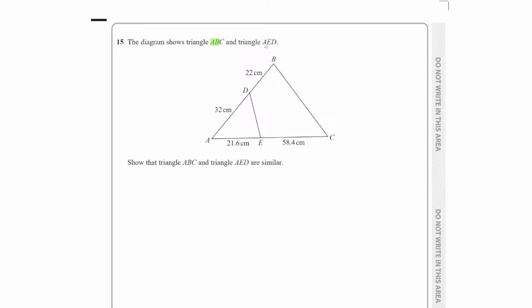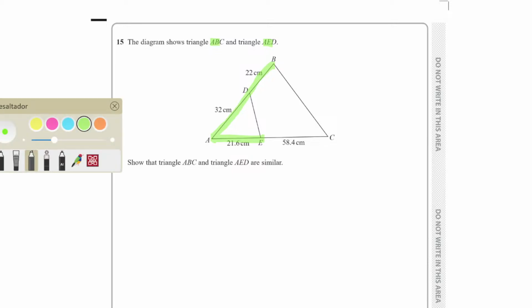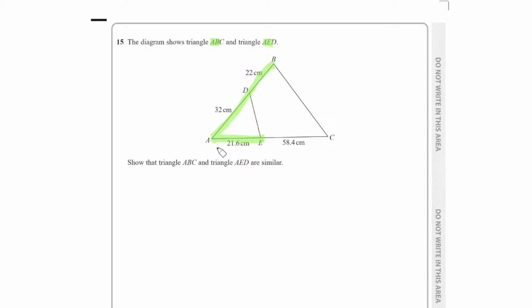A to B first and A to D. So what I mean is, this side here, AB, is the same, in terms of applying a scale factor, as AE, not as AD. And then you could look at it vice versa. The side AC is the same as AD. So it's not quite as straightforward as normal. You have to figure out what the matching pairs are.